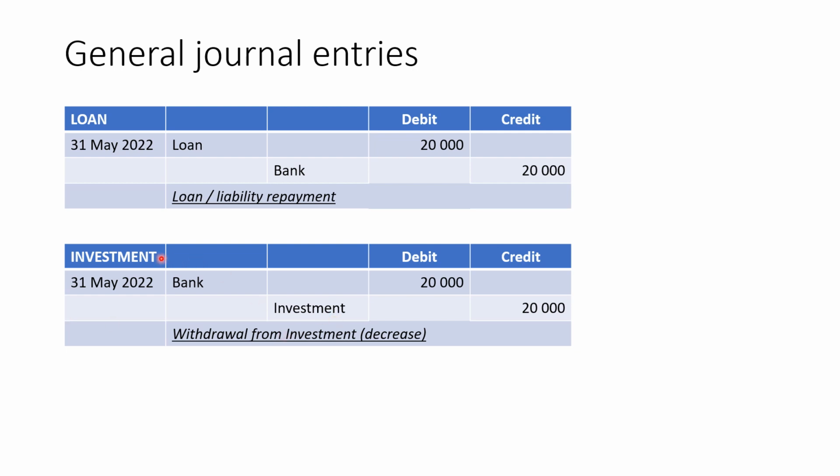If this was an investment and asset, then that would reduce, but now we would receive money because the asset is going down. So when you withdraw from the asset, you will credit the asset and the money will come into your bank account. So here it's going to be a debit to bank and a credit to the investment. So the investment balance would have been 100,000 and it would go down to 80,000 from the 31st of May.